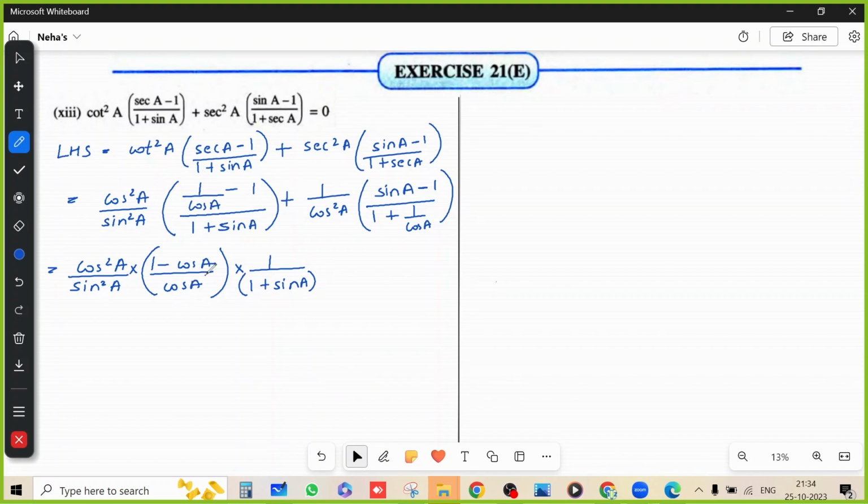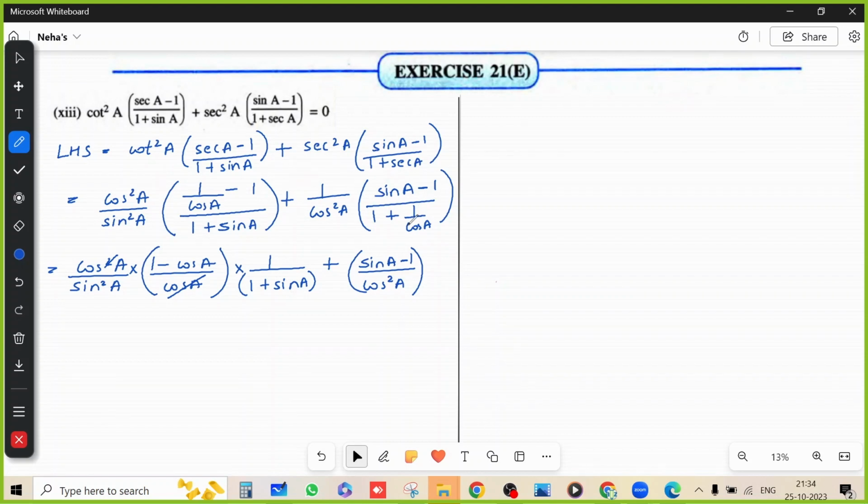Now we can cancel out cos A and cos A from both the numerator and denominator like this, and the rest of the expression can be written as sin A minus 1 divided by cos square A. In this denominator, we will take out the LCM.